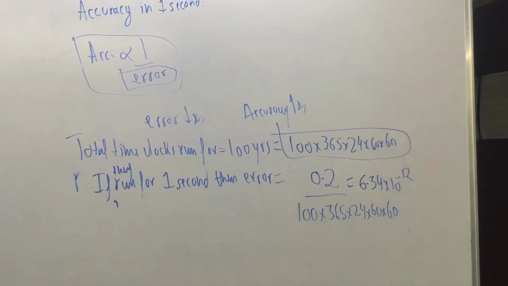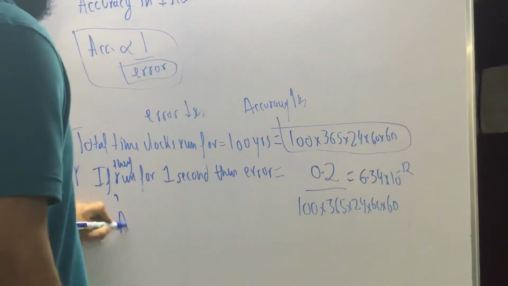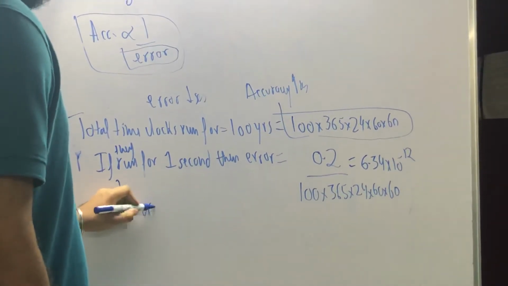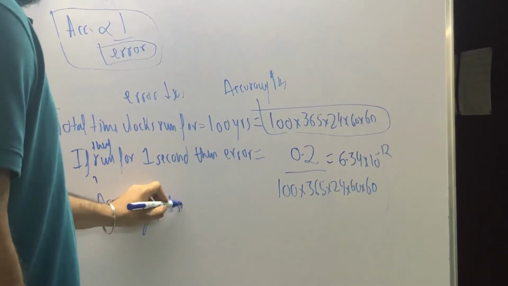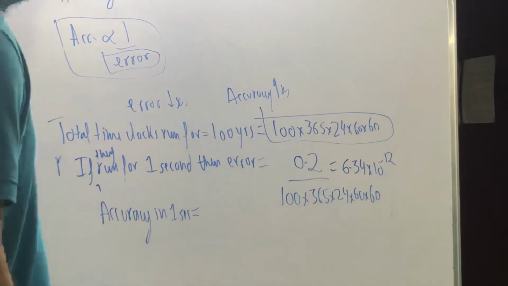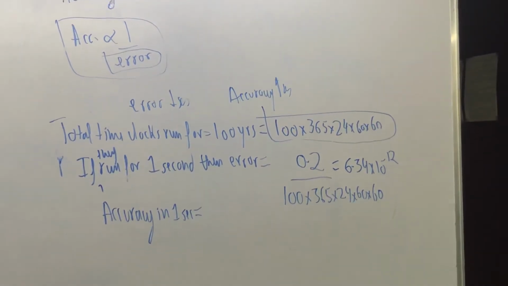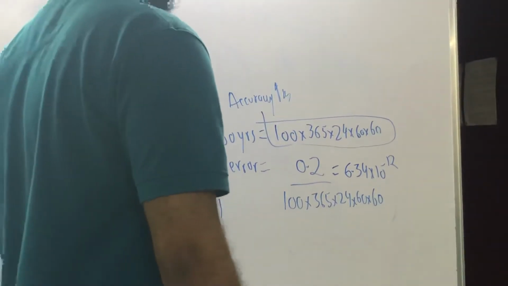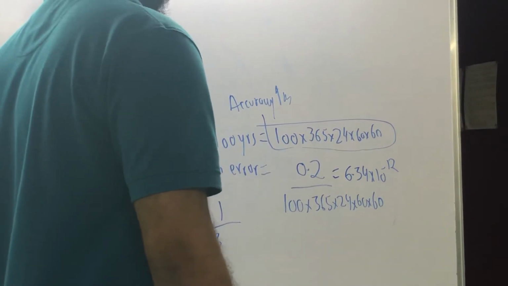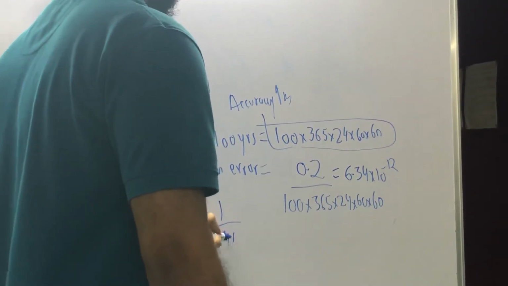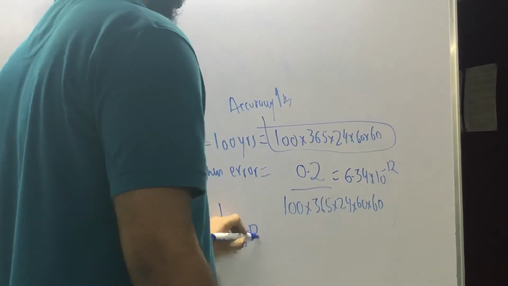Okay, what will be the accuracy in 1 second? The accuracy in 1 second will be 1 upon the error. So 1 upon error. Error was how much? 6.34 into 10 raised to the power minus 12.